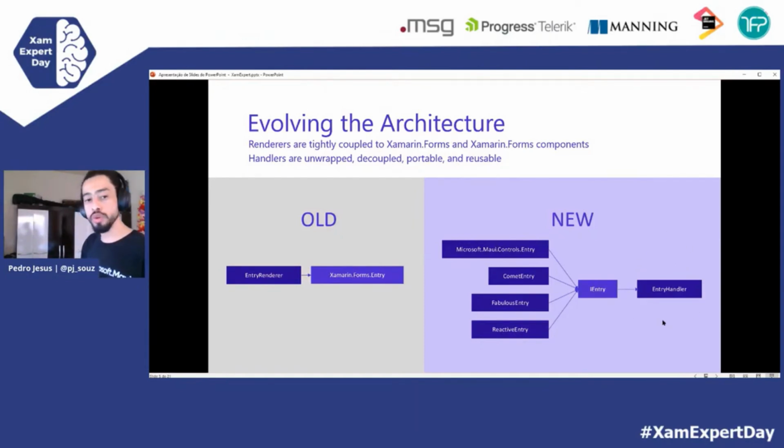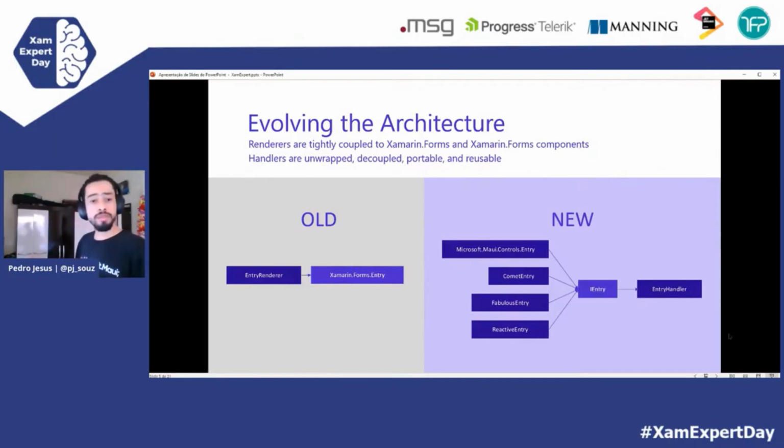That means we will use the handler engine of .NET MAUI. And in the future, if you have a new pattern, a new way to build mobile applications, you can create your own UI framework and not need to care about the native implementation. You can use .NET MAUI and just care about the shared layer.